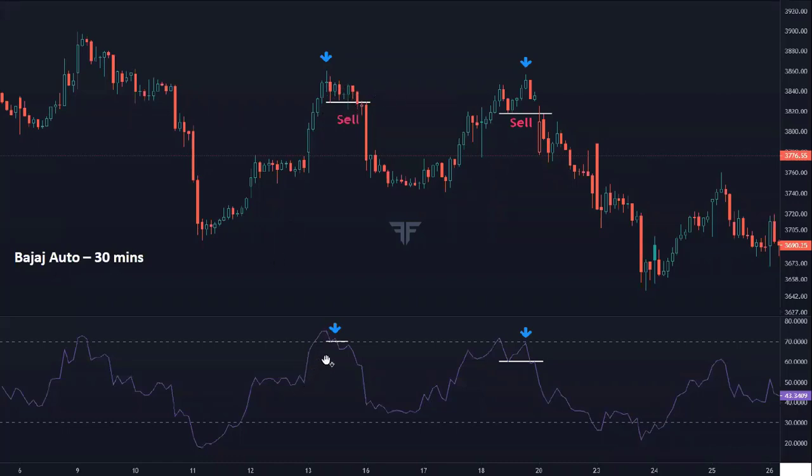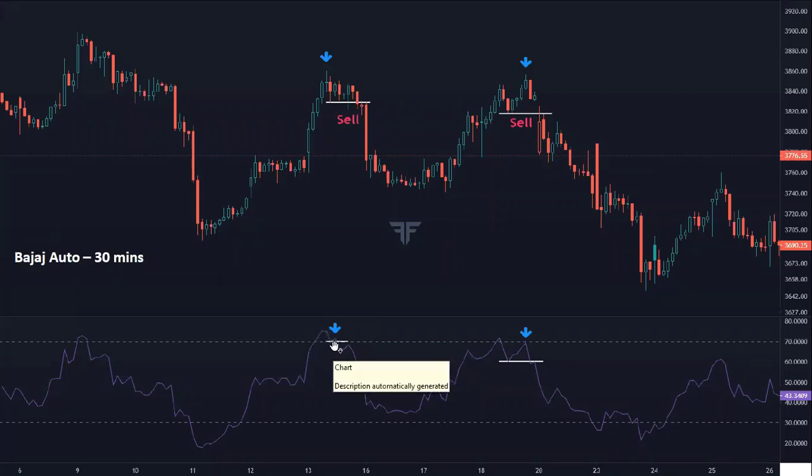Now, if you look at the RSI, it went into the overbought region. So it tested the previous peak. This high is more or less near this high. So it has gone into overbought. From there, it came down, took support at the overbought region, tried to move higher, and then came down again. So what we have is an M pattern, wherein this second minor bounce in RSI is failing to surpass the first bounce.